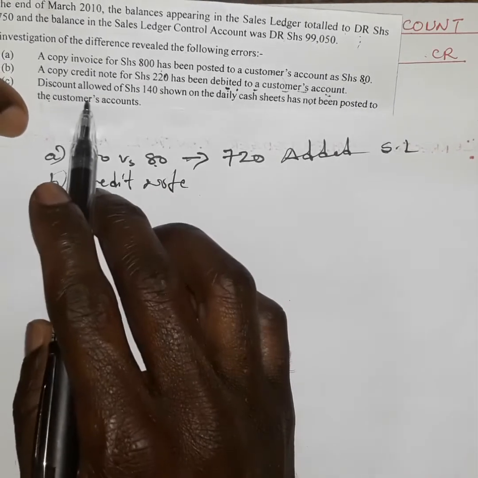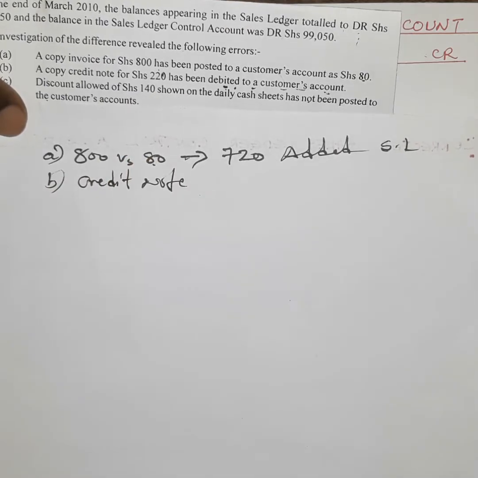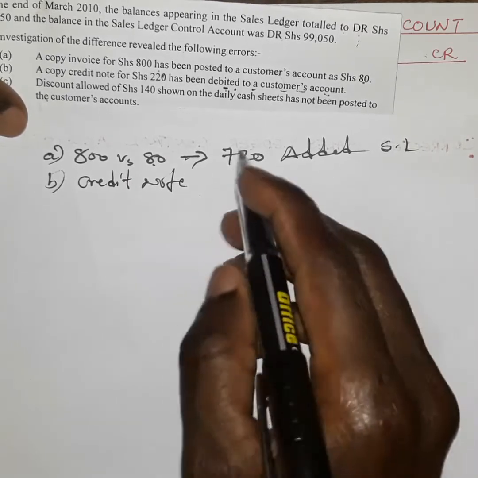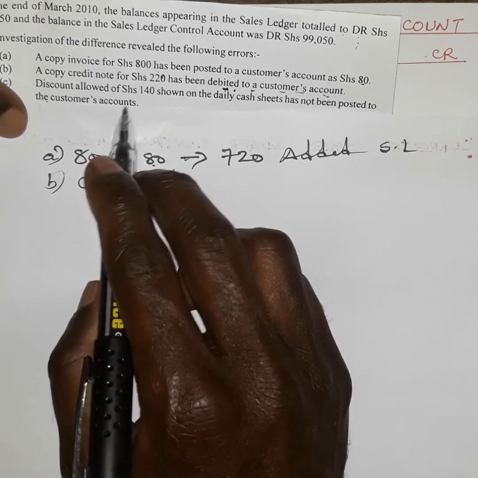Now, you see, the note was 220 shillings. So a wrong figure was reflected on the debit side instead of the credit side.